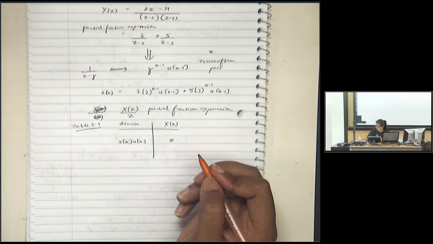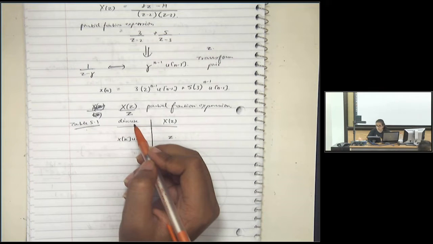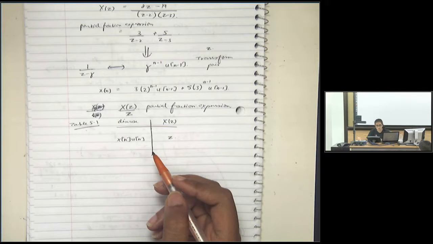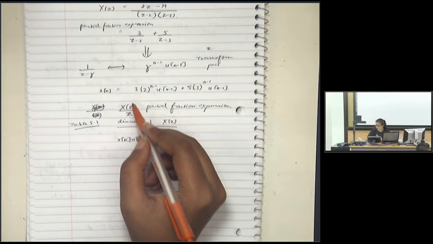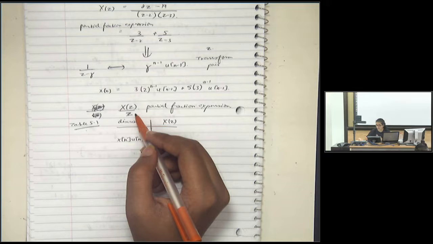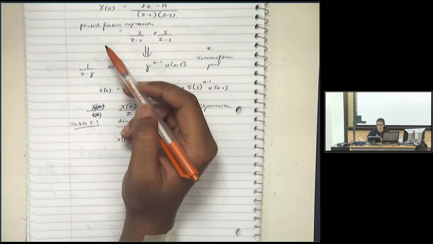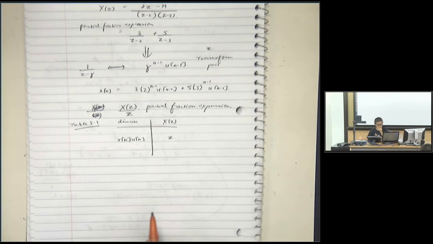That's why we'll be dividing by Z and then multiplying with Z later. So for Z transforms, whenever you're taking the inverse Z transform, you will always do the partial fraction expansion of X(z) over z, not of X(z) directly, just to get rid of this n minus 1 factor and get it in terms of n only. So just be careful with that always.